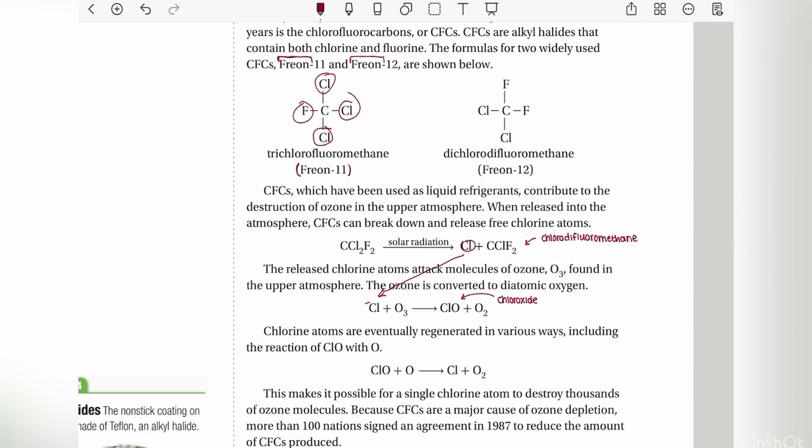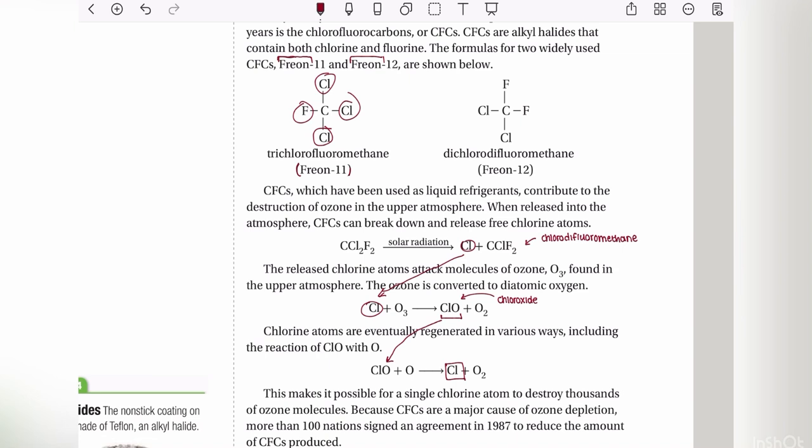This is the same chlorine atom as here. And the products that will be formed are a chlorine monoxide molecule and a diatomic oxygen. Then the chlorine atom is now a part of this molecule, but it will reform back into monoatomic chlorine in this reaction.